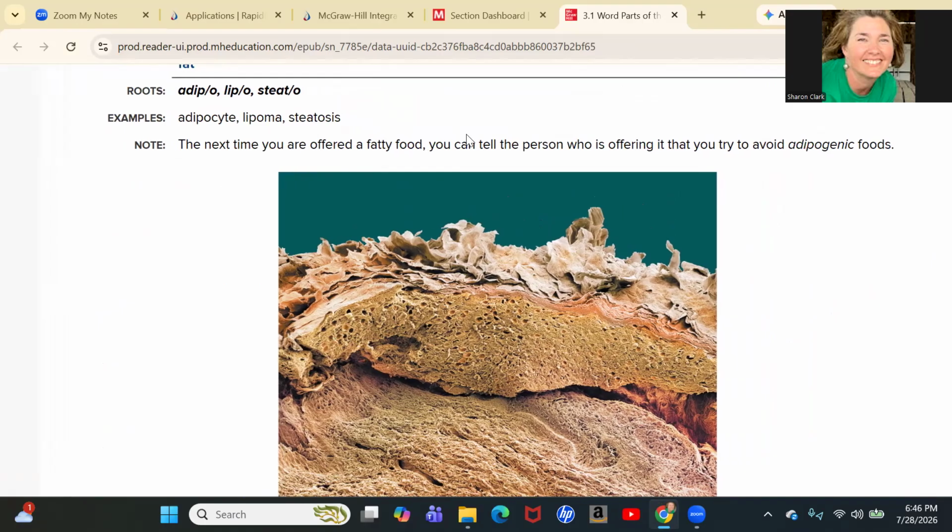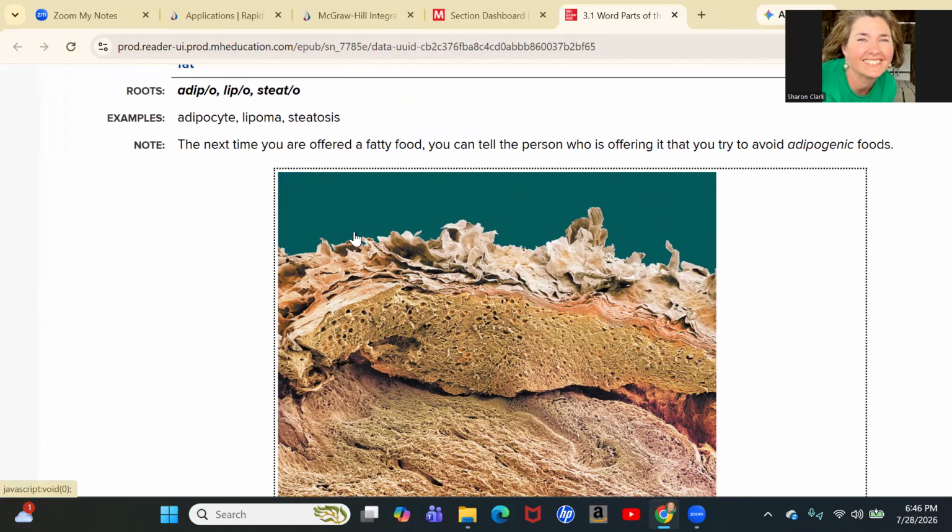Usually we use adipo when we're looking at adipose tissue as a whole, many fat cells put together. Lipo is a lipocyte or a lipoma, a swelling of fat tissue. And then steatosis, osis meaning abnormal condition. This is the abnormal condition of fat.